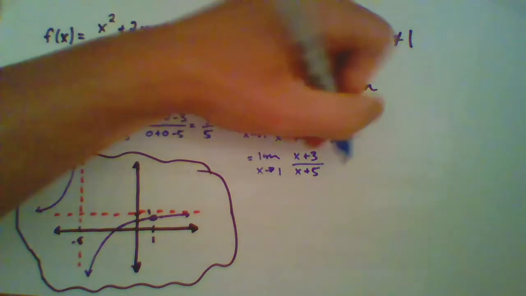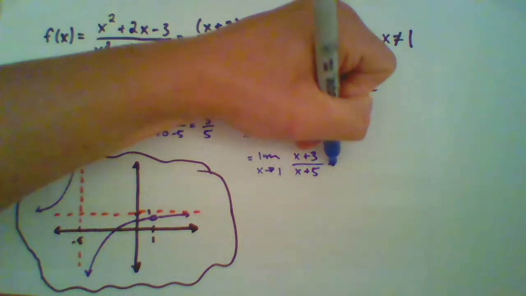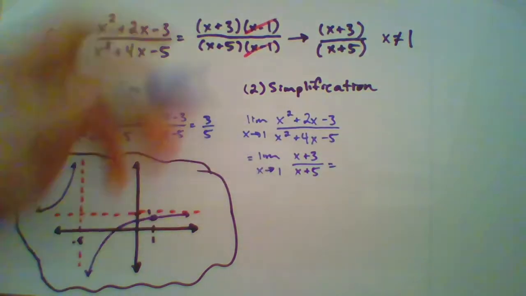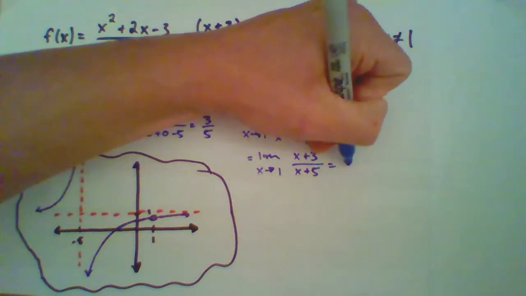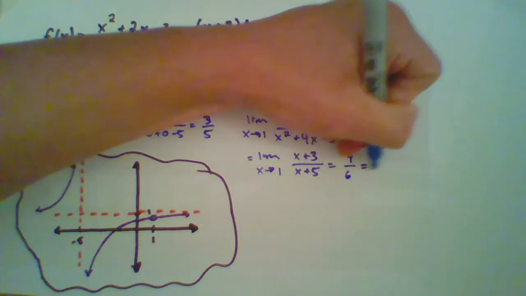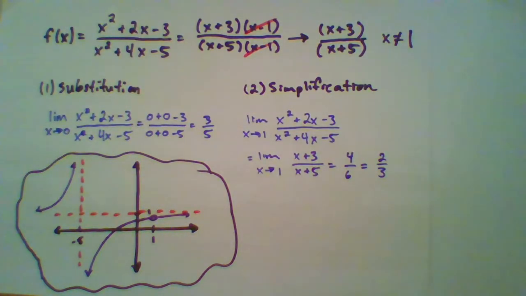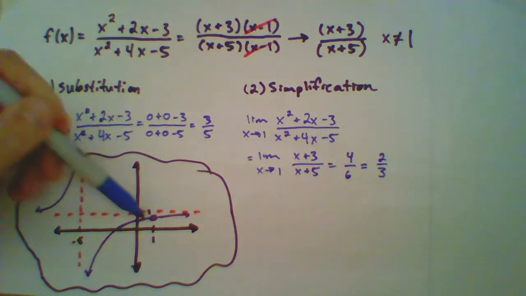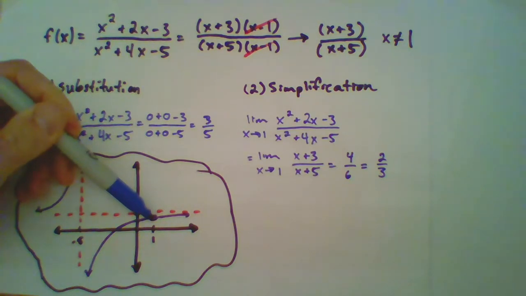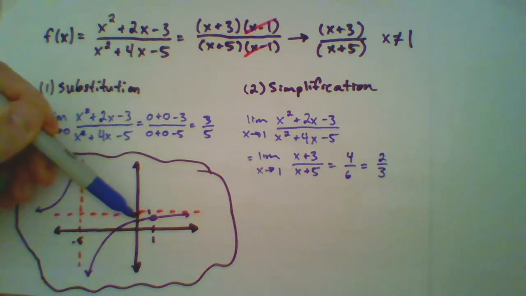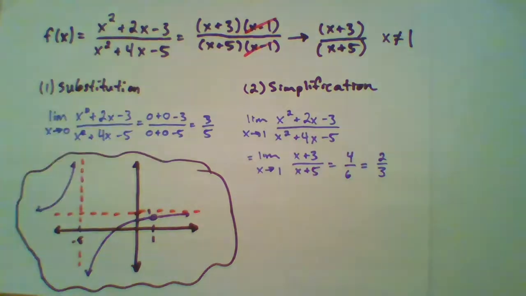So if we substitute x equals 1 into there, we get 4 over 6, which is 2/3. So in other words, if the function was defined at this point, the value would be 2/3. However, it's not defined at that point, so all we can say is that the limit as x approaches 1 is equal to 2/3.